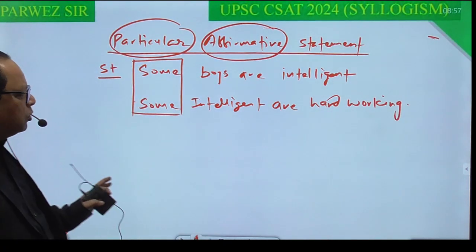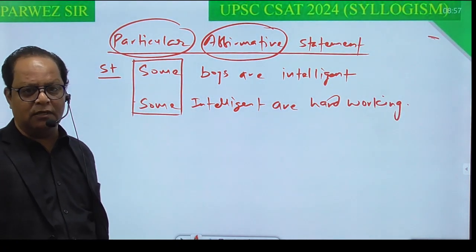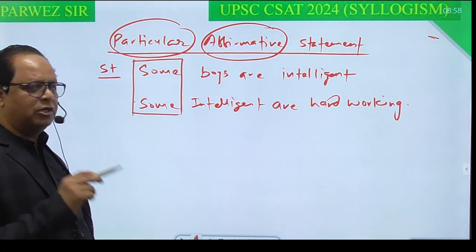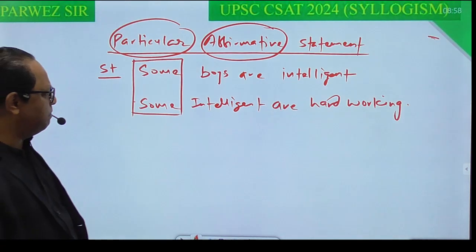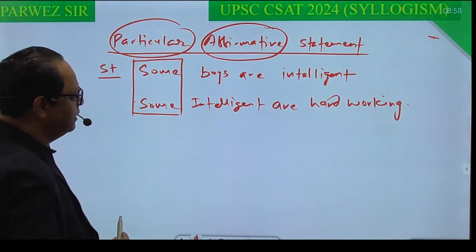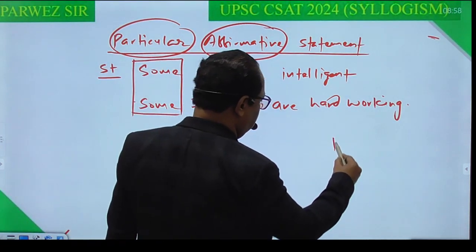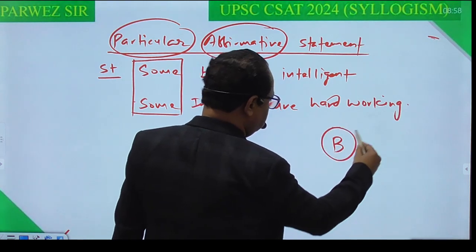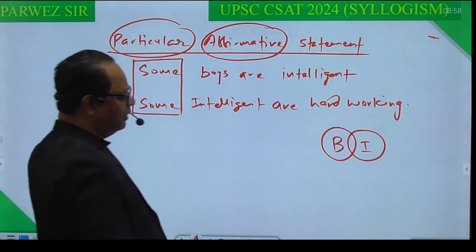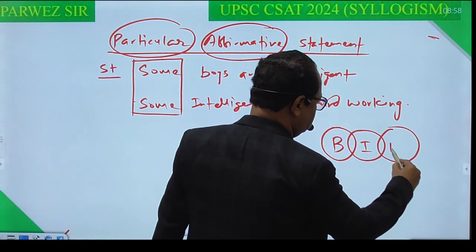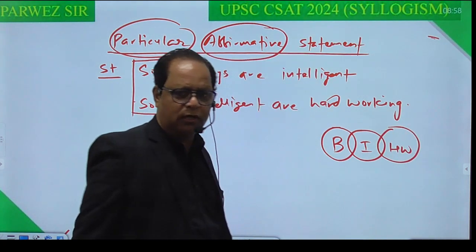So what will we do in this type of question? I am showing you how you will draw the Venn diagram of this type of statement. Here we are taking some boys are intelligent and some intelligent are hardworking.